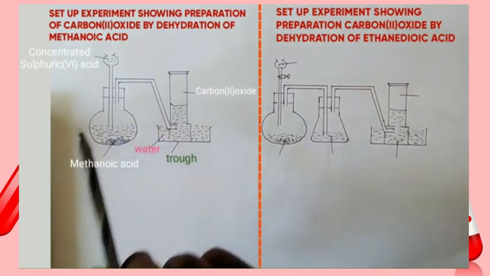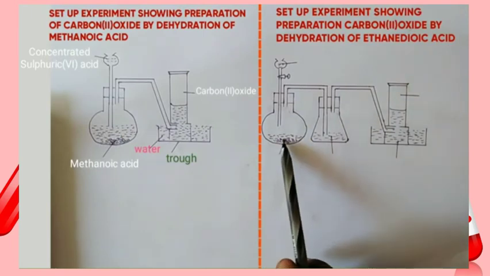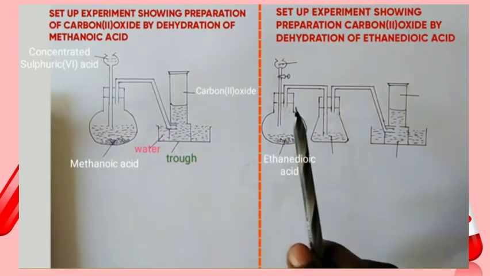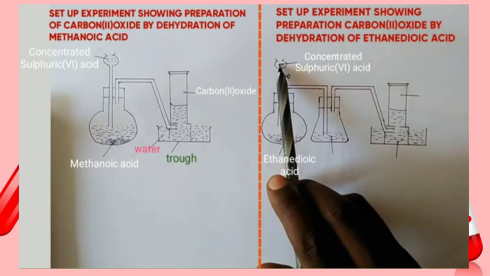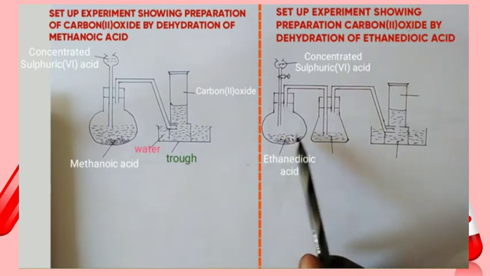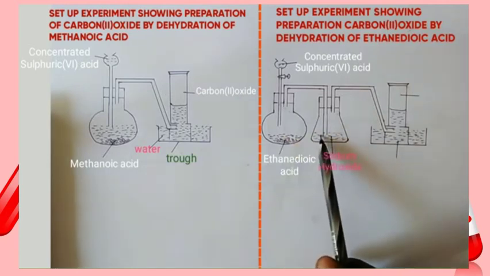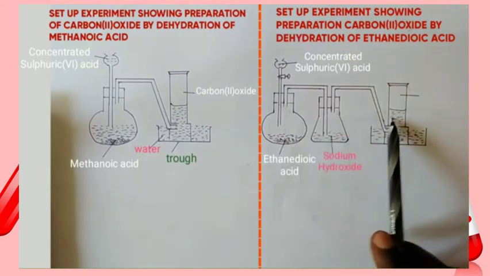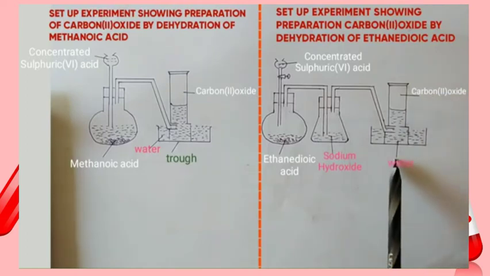So here you place ethane dioic acid, and you place concentrated sulfuric acid, which runs inside here. It forms two gases, carbon IV oxide and carbon II oxide. The gases are passed through concentrated sodium hydroxide to remove carbon IV oxide. Then the remaining carbon II oxide is collected by the over water method here. So this is carbon II oxide, and this one is water.